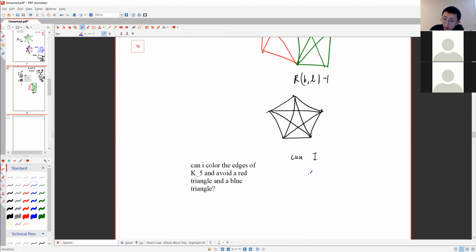So here's a thought. Does this work? There's no blue triangle so far, right? Are there any red triangles if I draw the remaining edges as red?